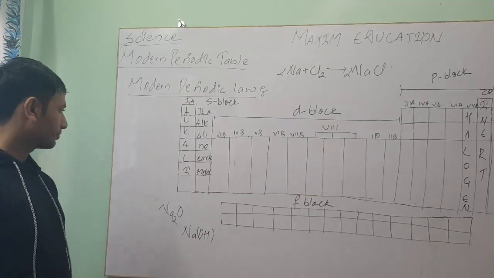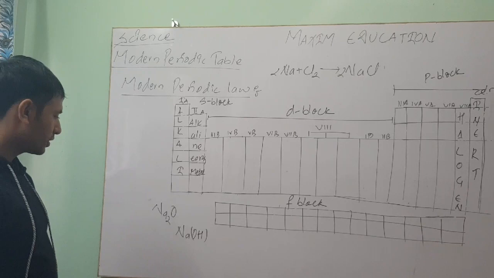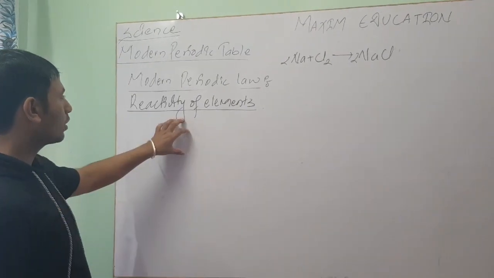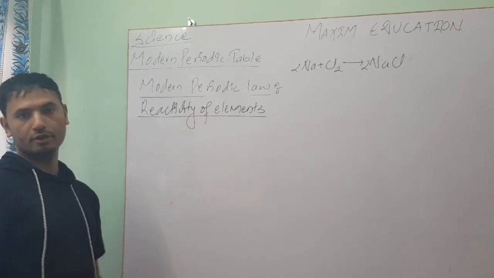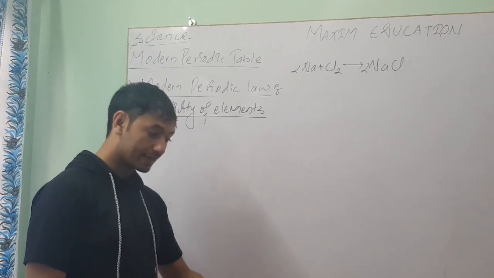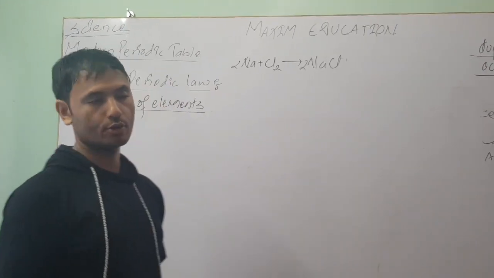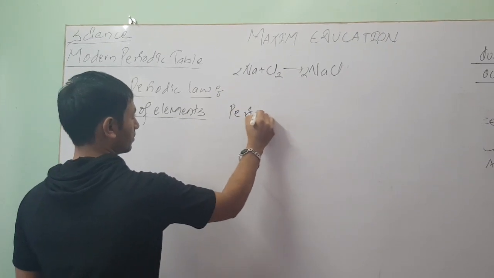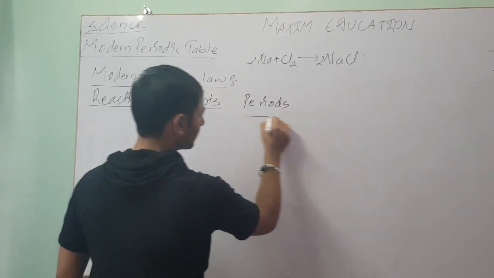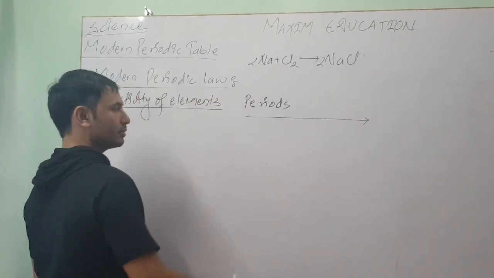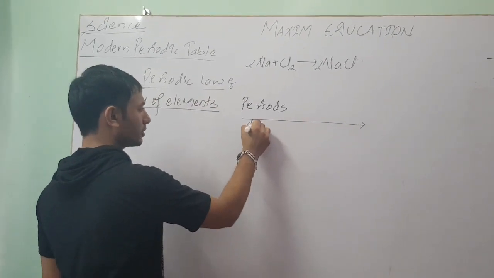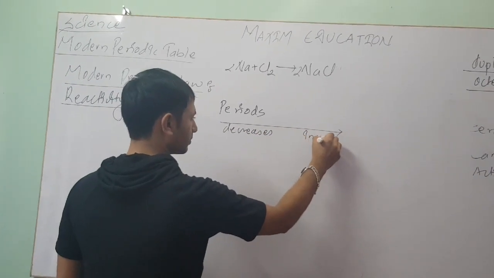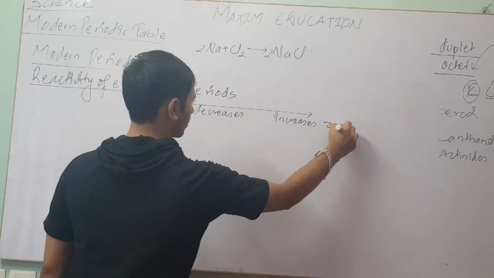Okay. Now let's talk about reactivity of the elements in the modern periodic table. How reactive they are, how the reactivity goes on in the modern periodic table. In periods, while going from left to right, the reactivity of the elements decreases and increases and finally becomes 0.